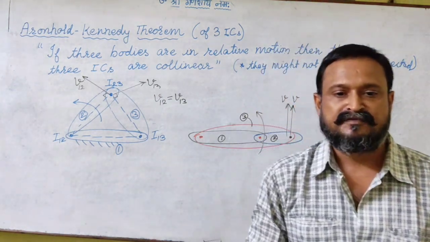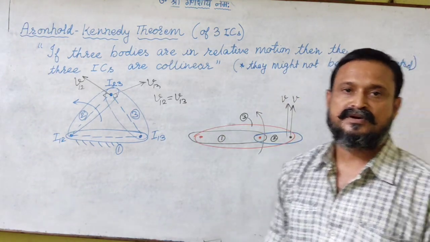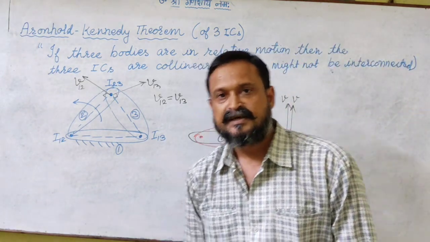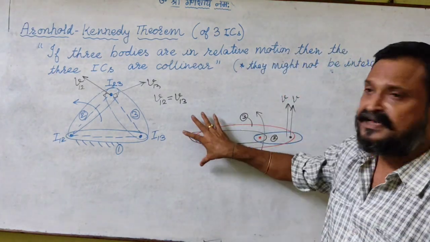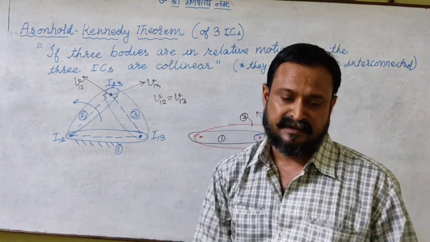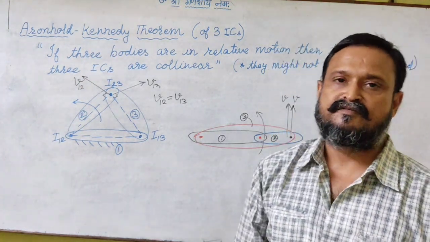So we can then find out the unknown velocity conditions. So that's all for this session. We can apply this Aronhold-Kennedy theorem for various mechanisms to determine their velocities.